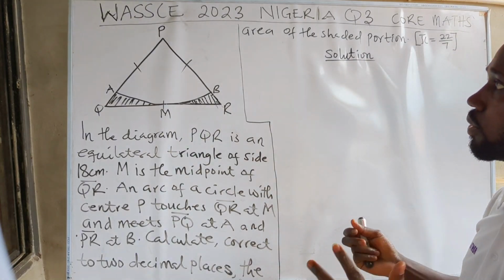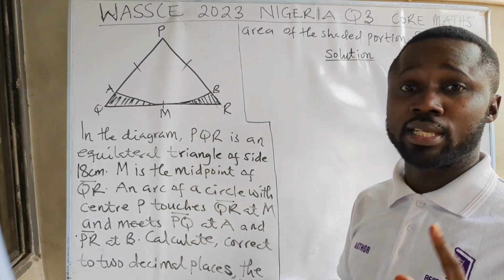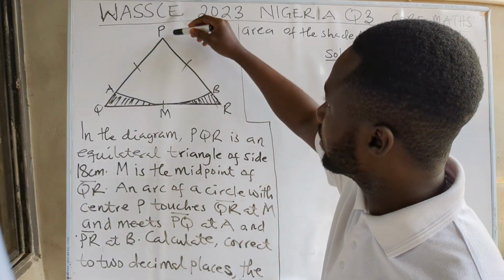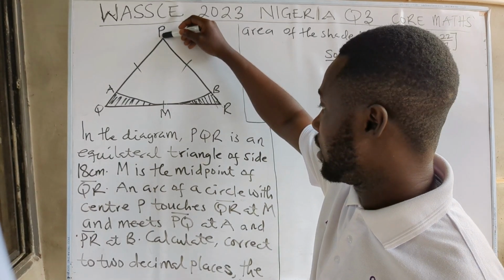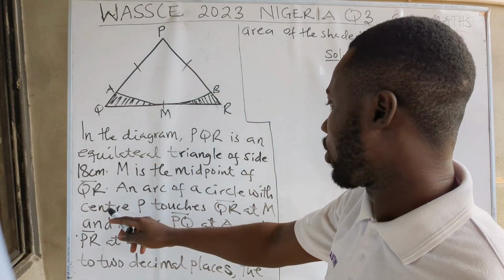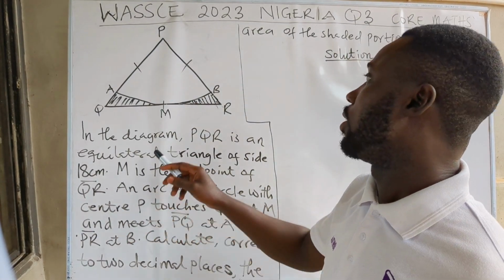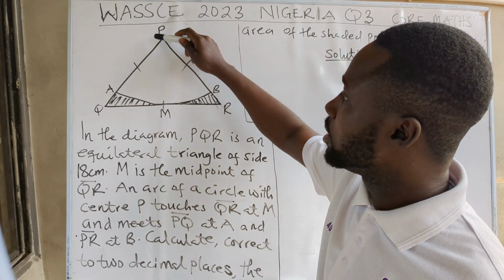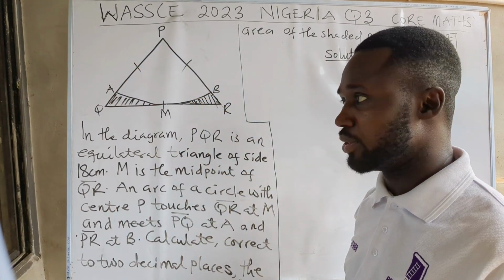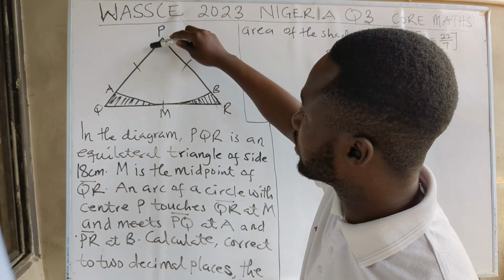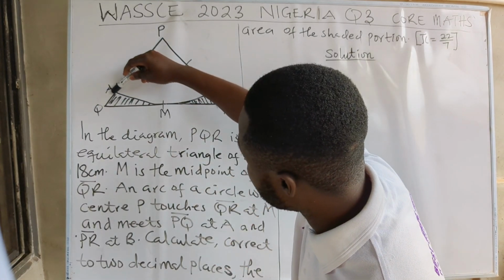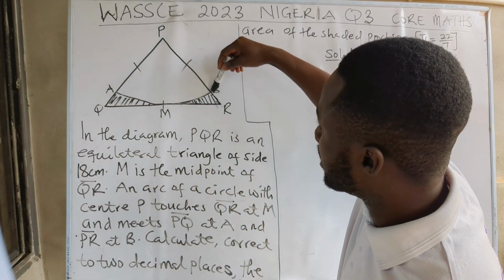Alright, so when you look at the question, let's take note of some things here. The question says P is the center of a circle, so what does it mean that from P to A becomes what? A radius, from the center to the circumference, because A up to B here is an arc.